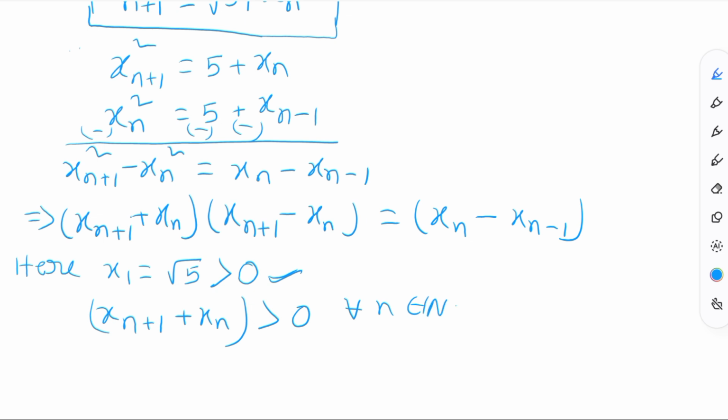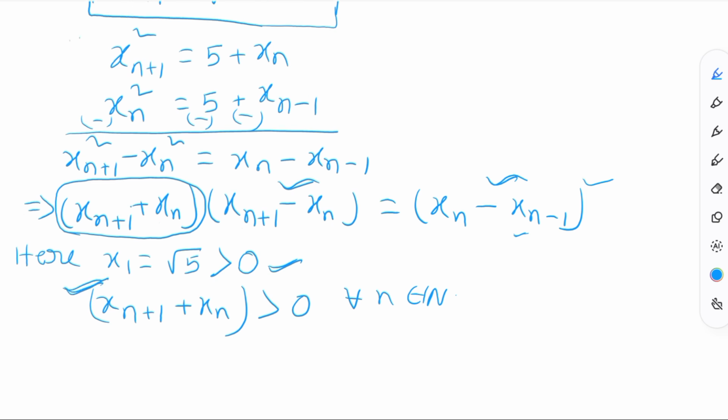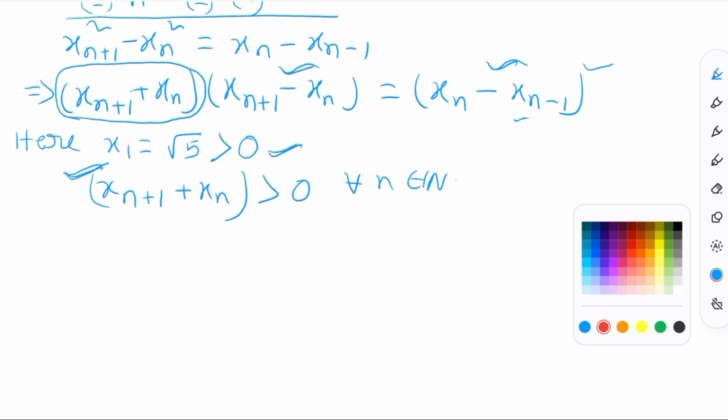That means this quantity is positive. Again see everyone, in this equation the left hand side is a product of two, the right hand side is only one term. That means both are equal, so the sign depends only on this term and this term, because this quantity is positive.